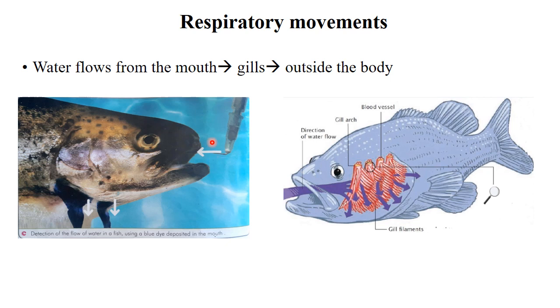They simply put a dye inside the mouth of the fish. The dye was released out of the body from the opercula. So again, water flows from the mouth, then it reaches the gills, and then to the outside. Where does gas exchange take place? Gas exchange takes place here at the level of the gills.